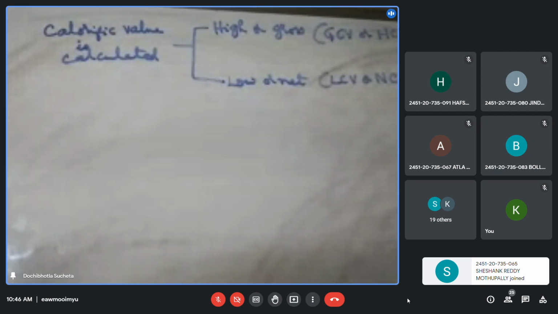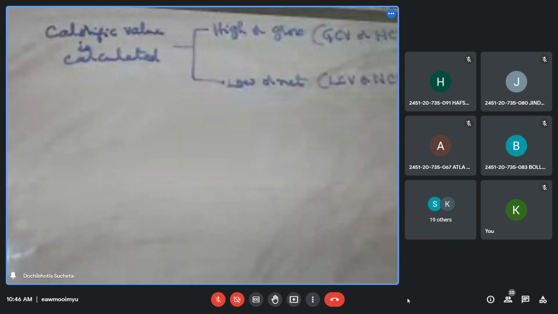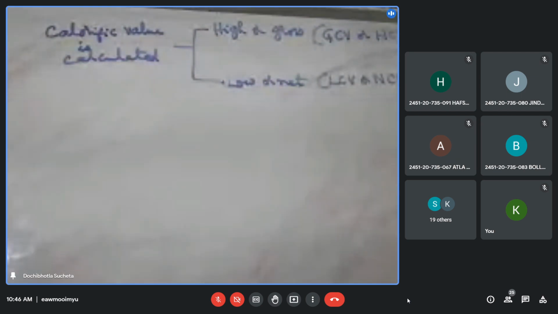After understanding this, we'll move to the next aspect. So what is HCV and LCV? If I'm finding the calorific value along with the condensation of the products, particularly H2O, then the calorific value I'm measuring is called gross or high calorific value.